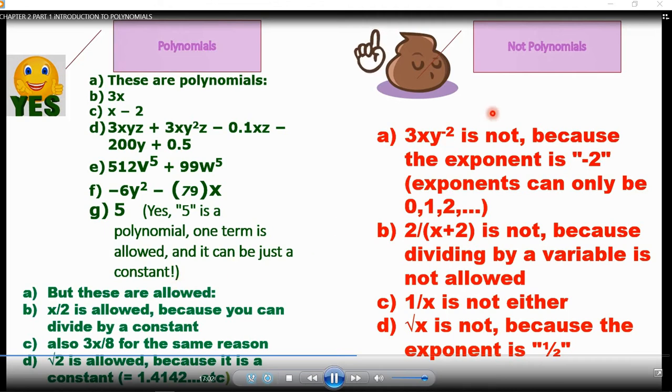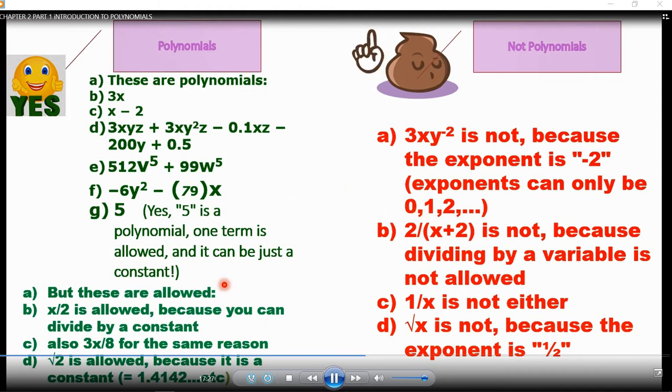Now let us move to non-polynomials. Here it's not a polynomial because the exponent is a negative integer, minus 2, which is not allowed. The exponents can only be 0, 1, 2, 3. 0 is allowed because x power 0 is 1.